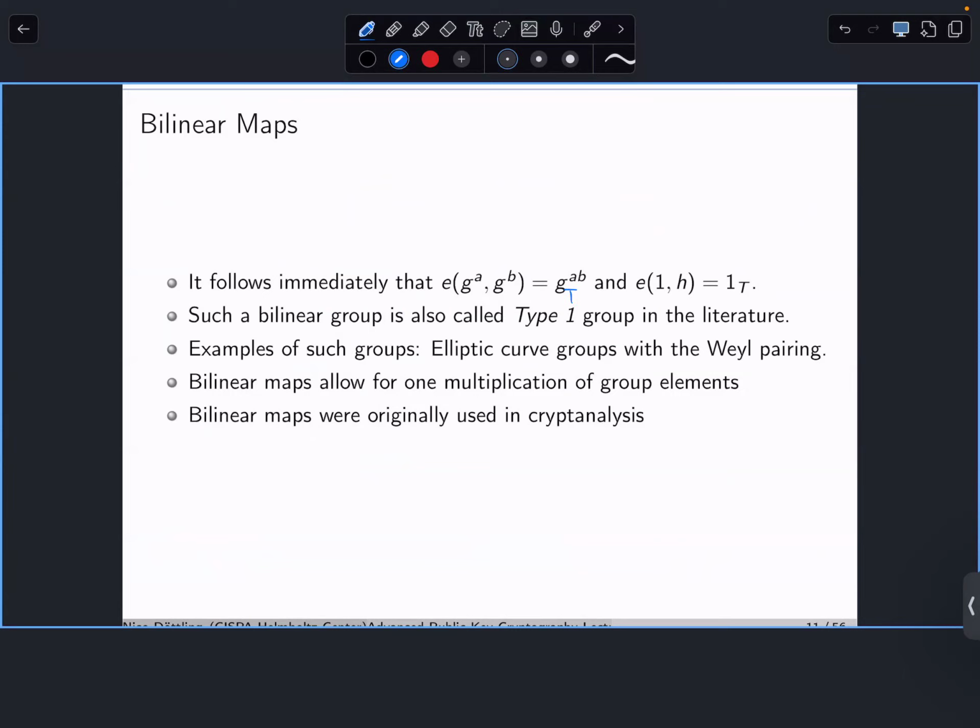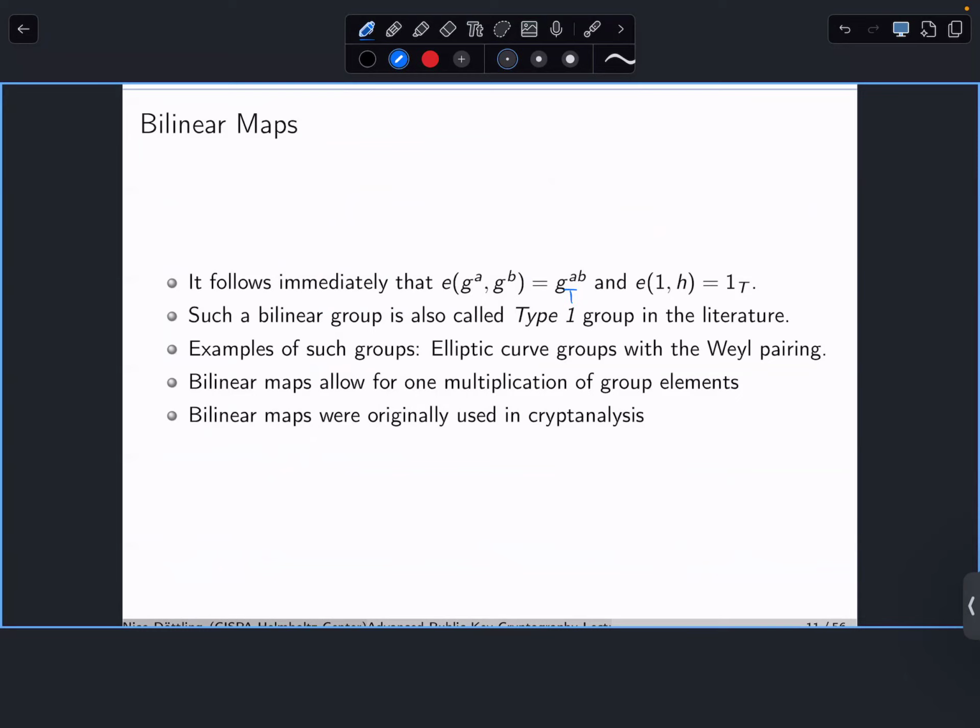So here we're pairing up the group G with itself. But there are other pairings where you have, let's say, a left group and a right group. They are isomorphic, but you have two different source groups, right? But those are mostly considered for purposes of efficiency.